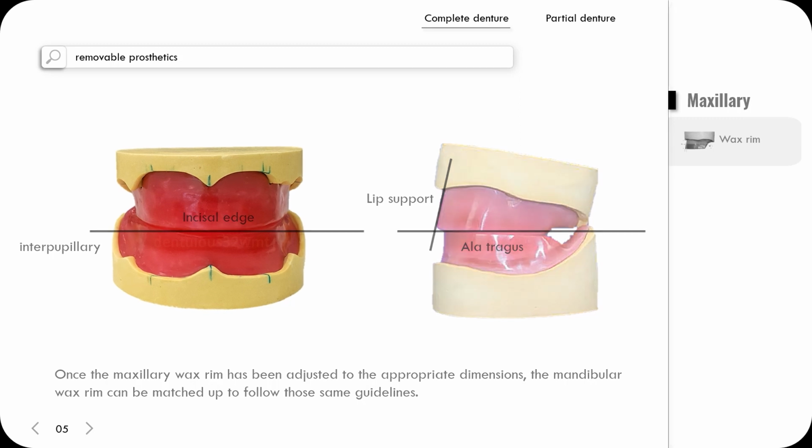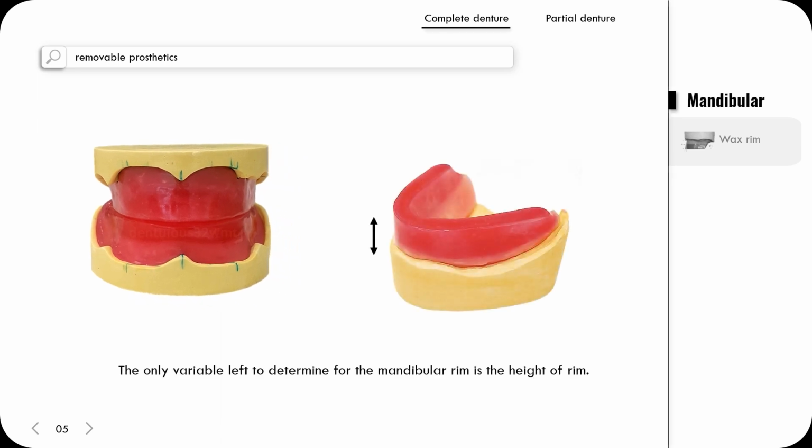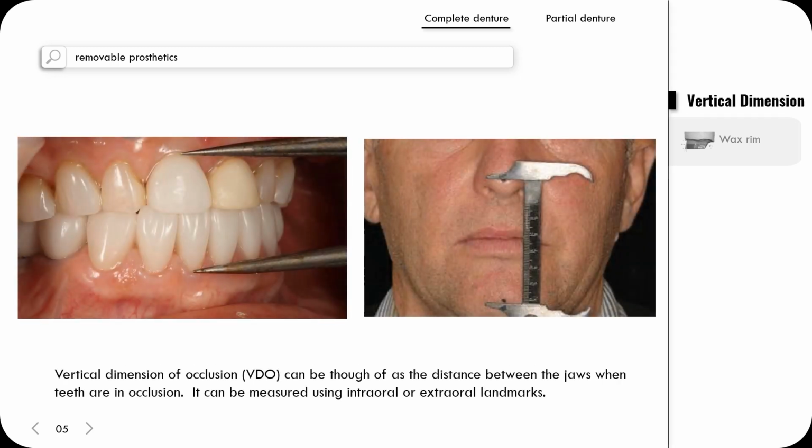Now the one thing we do need to figure out, and the only variable left to determine, is what is the height of this mandibular rim. Okay, and in order to determine that, we have to dive into this concept that I want to introduce you to: vertical dimension.